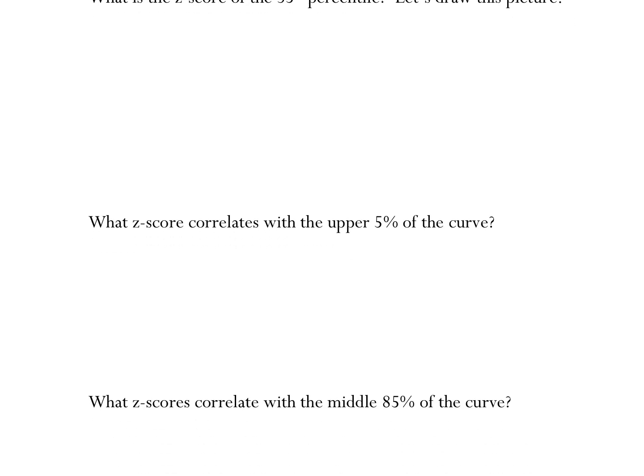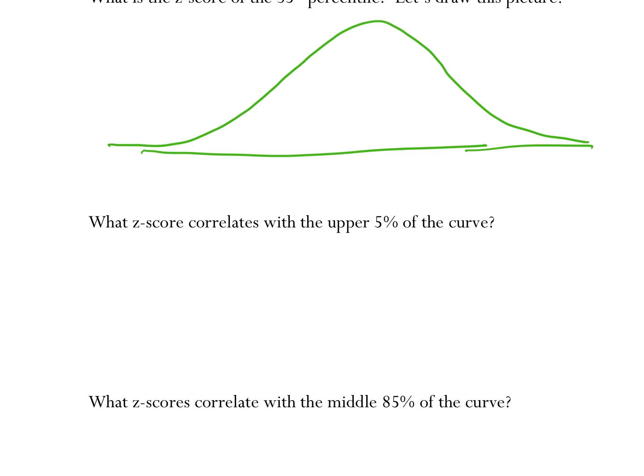Okay. Did anybody draw this picture yet? Is it asking for a picture of the graph, or a picture of the normal distribution? So it's going to be normal. You guys, where would the 35th percentile be? To the right of 0 or to the left of 0?